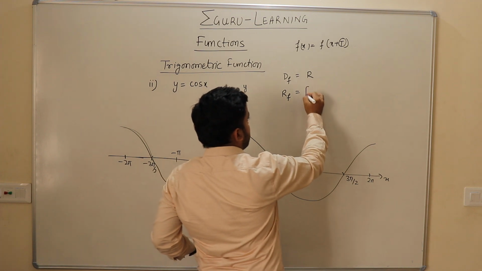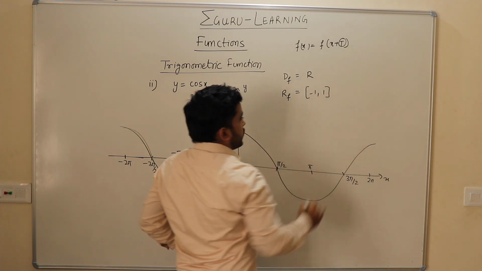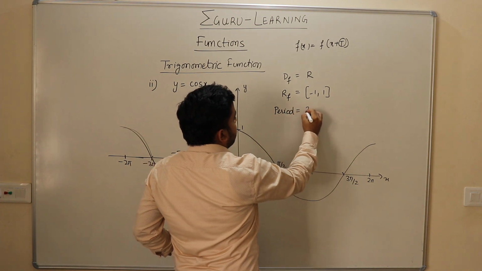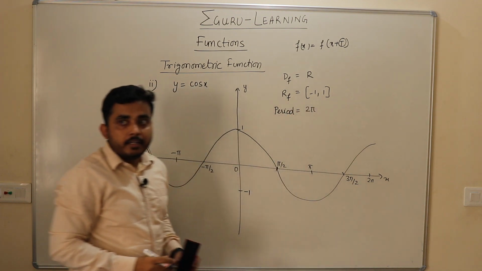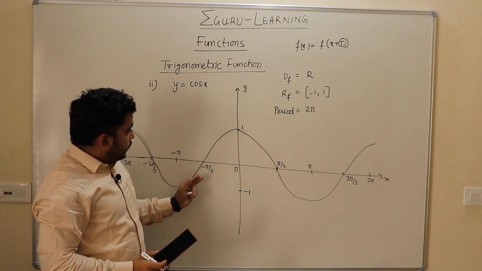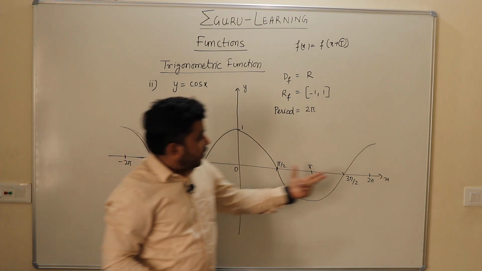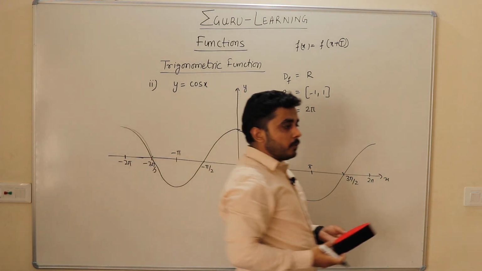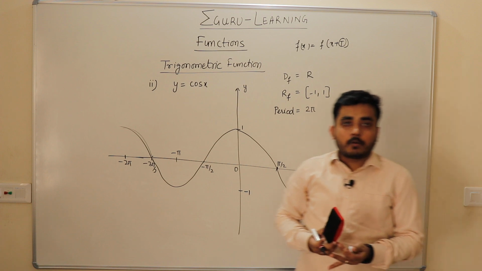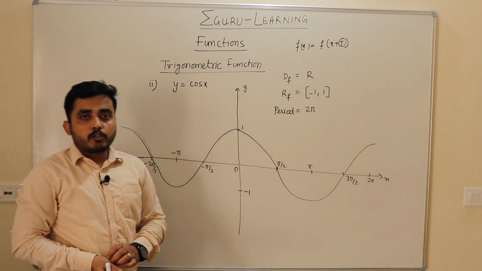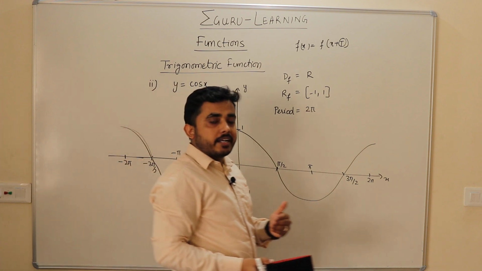That means the range of this function is from minus 1 to plus 1. And the period of the function is equal to 2 pi, meaning the graph of the function will repeat itself after every 2 pi interval. So students, in this lecture we have talked about the trigonometric functions y equals sin x and y equals cos x, and the rest of the trigonometric functions we will discuss in our next lecture.